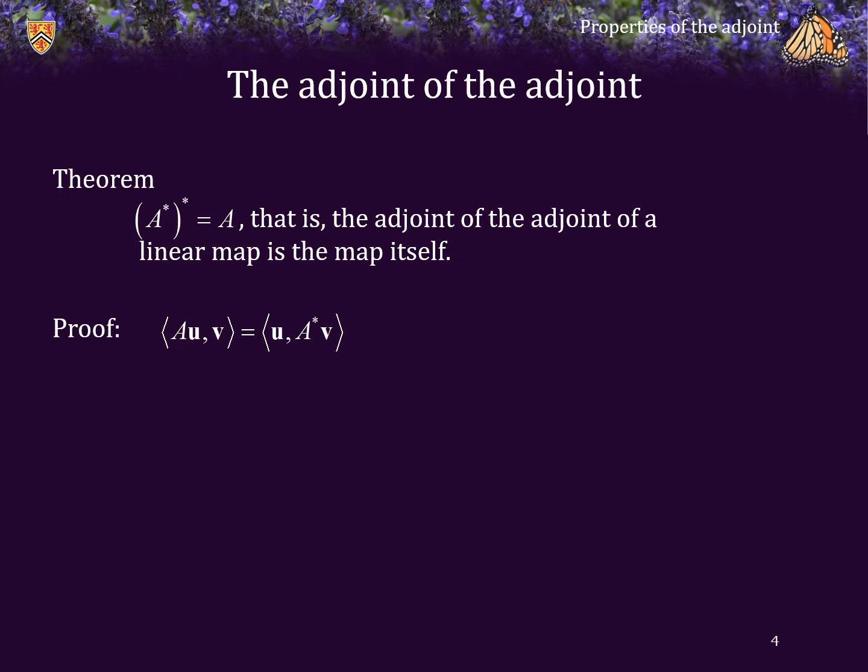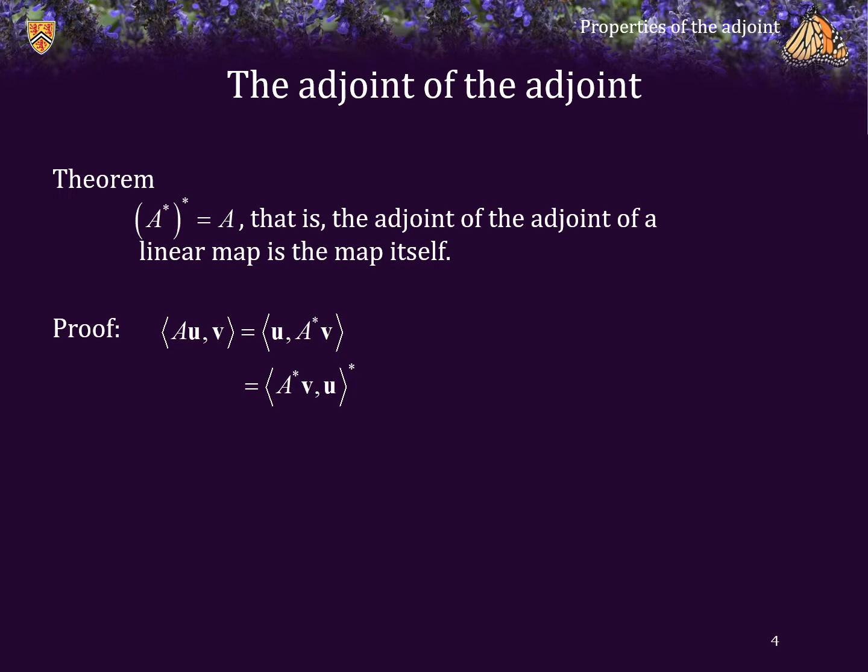Now, from the properties of the inner product, we have that the inner product is conjugate symmetric for complex vectors and symmetric for real vectors. But in either case, this is true.